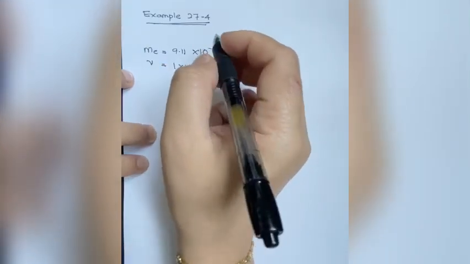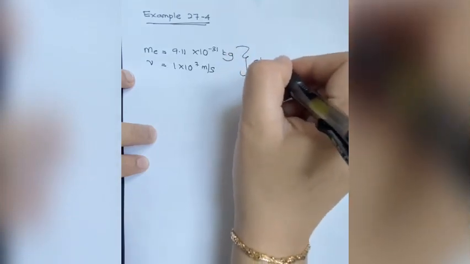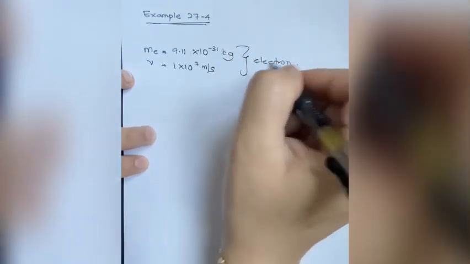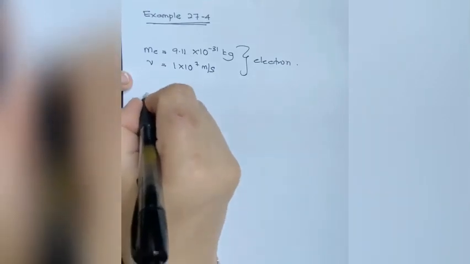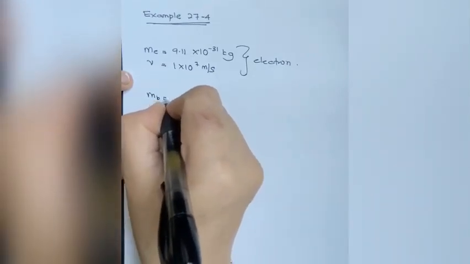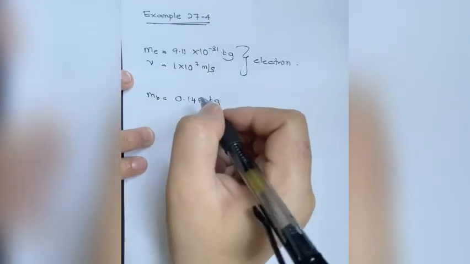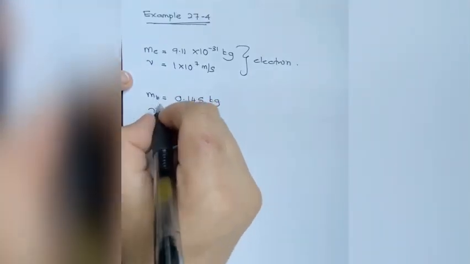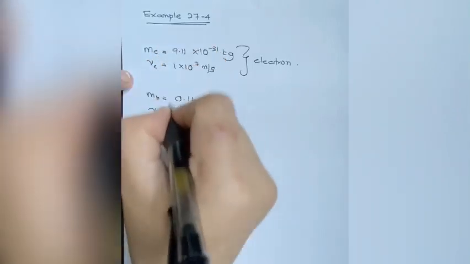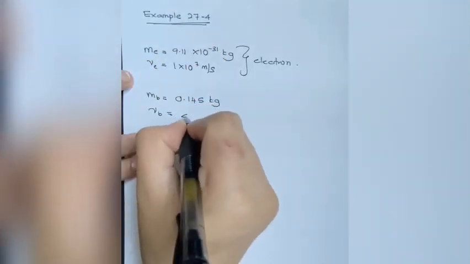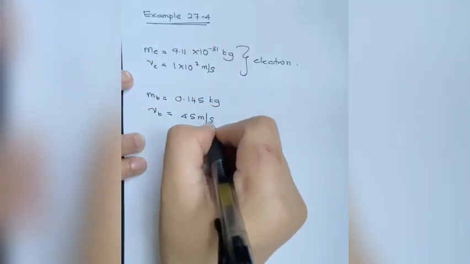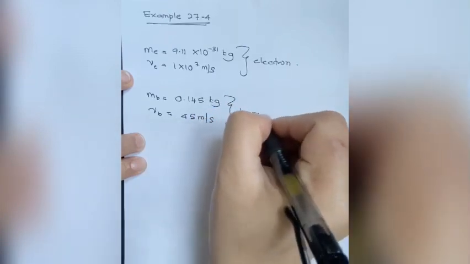This one is based on the electron. Next, you are given the mass of the baseball equal to 0.145 kg, and the speed of the baseball is 45 meters per second. So this one is due to the baseball.